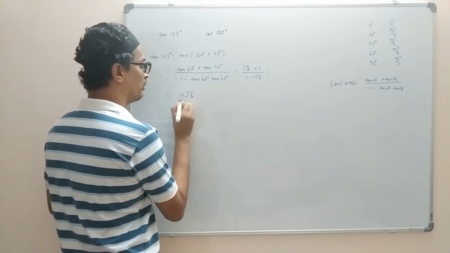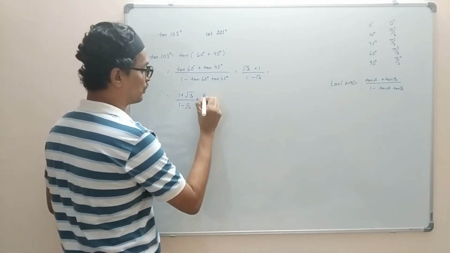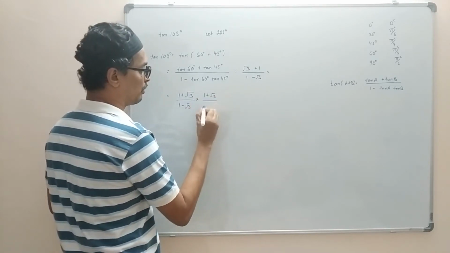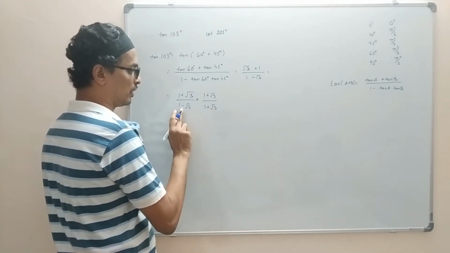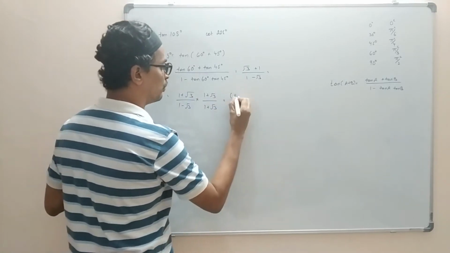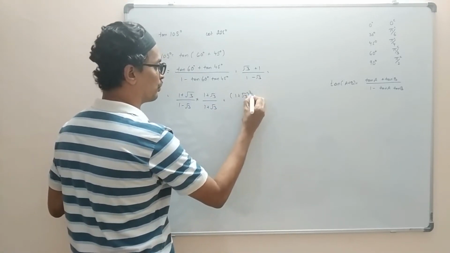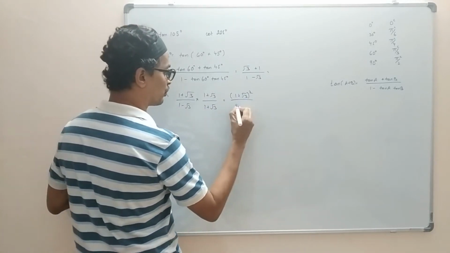So we have root 3 plus 1 divided by 1 minus root 3. Take a conjugate of it, that is 1 plus root 3 divided by 1 plus root 3. Conjugate is the opposite sign of the second term. So this is going to be 1 plus root 3 whole square in the numerator, and in the denominator a plus b, a minus b, so a square minus b square, that is 1 minus 3.